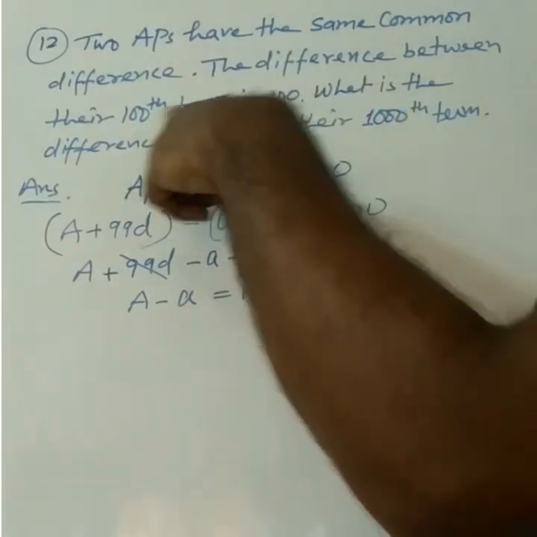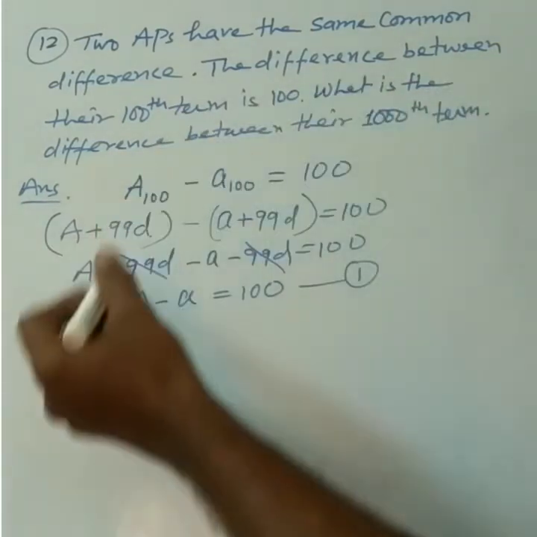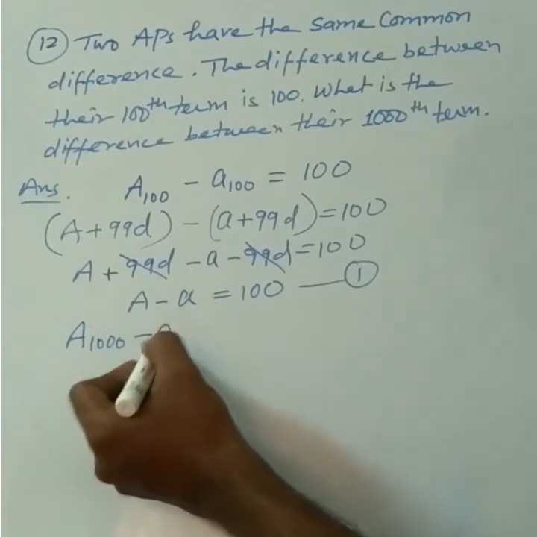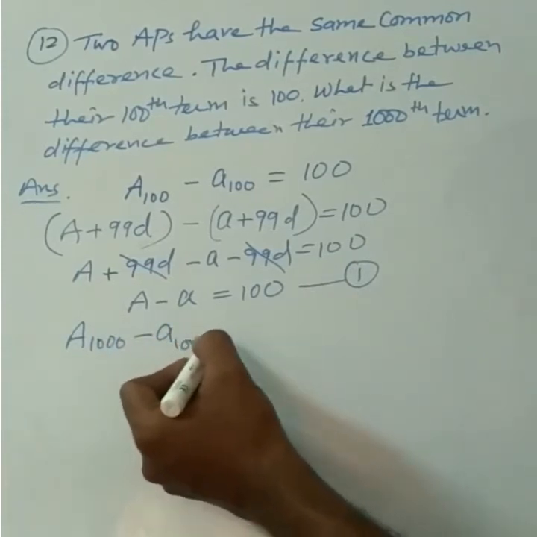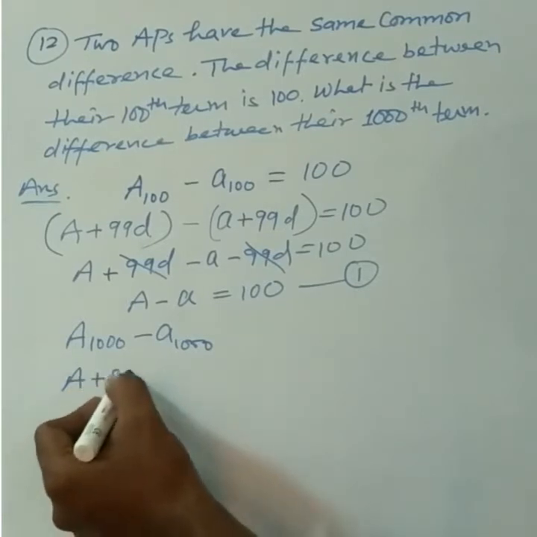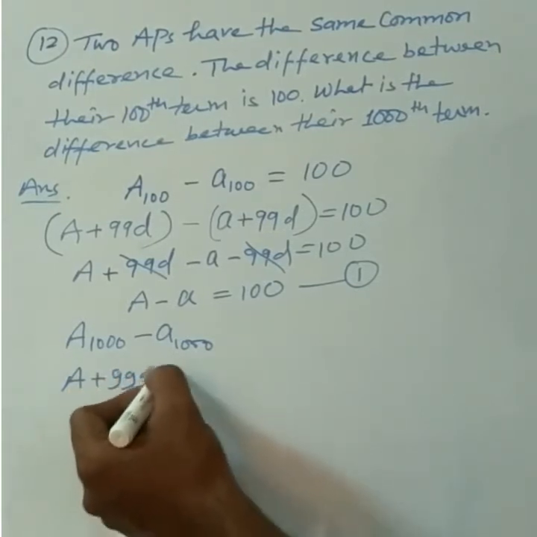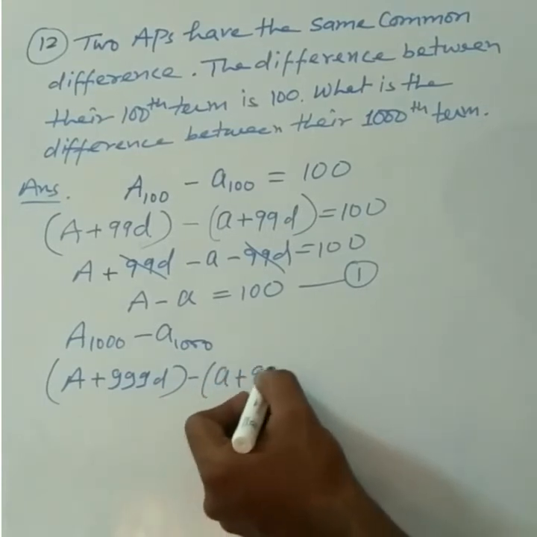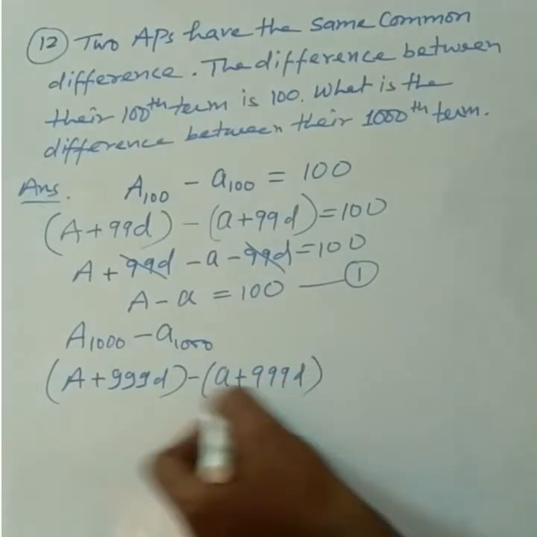Now we have to find out the difference between their thousandth term. A thousand minus a thousand. A thousand will be A plus 999D, minus a plus 999d.